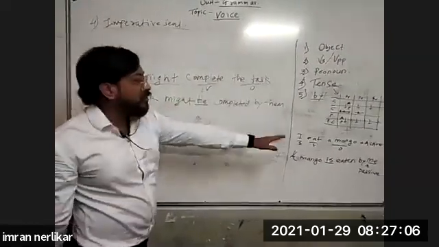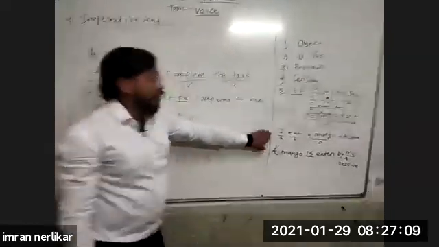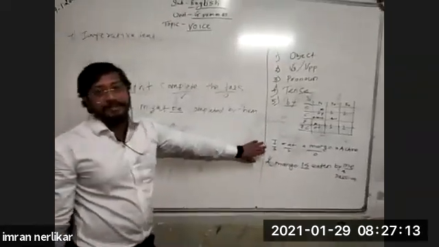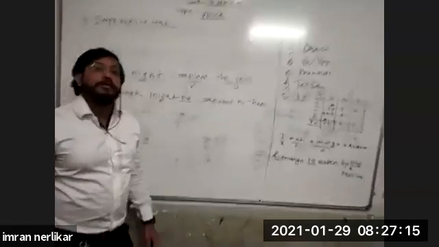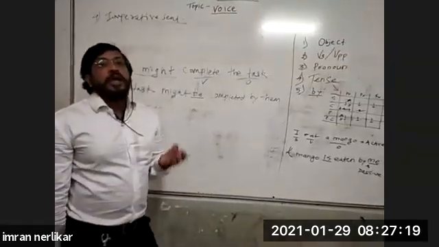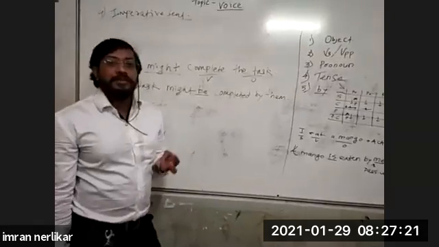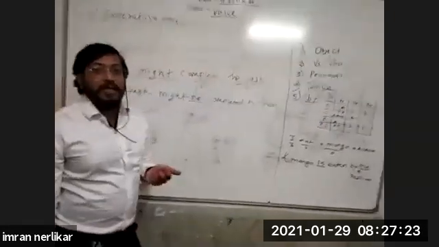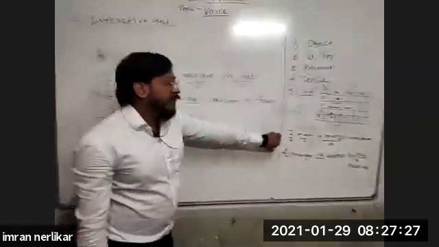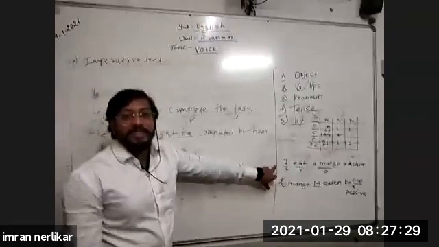Now these sentences which we have seen, these simple sentences, are called assertive sentences. I think you have studied types of sentences: assertive, imperative, interrogative, exclamatory. Now this is assertive. I eat a mango. This is a simple sentence, an assertive sentence.